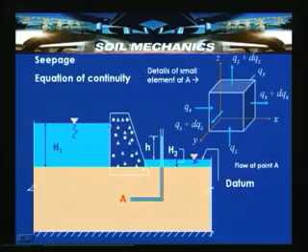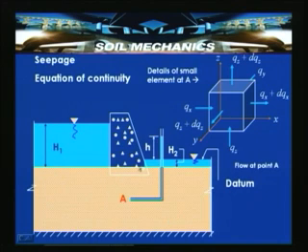Now, let us look into this equation of continuity. Let us assume that you have a dam retained by a masonry pier, constructed with, say, a concrete weir, having a head of water H1 on the upstream side and H2 on the downstream side, and embedded in a sandy or saturated soil.